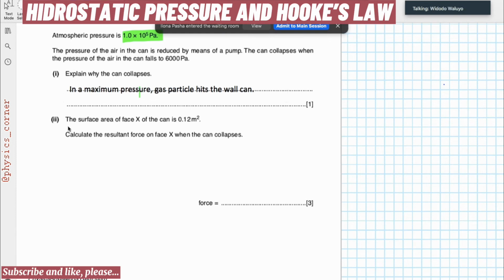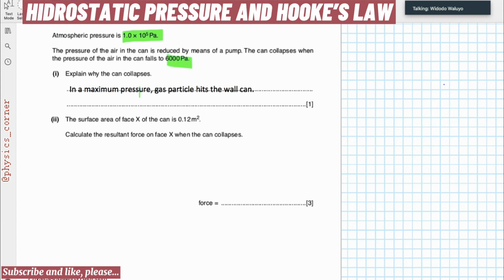Okay, question ii. The surface area of face X on the can is 0.12 meters squared. Calculate the resultant force on X when the can collapses. When the can collapses, the pressure is 6,000 Pascal.